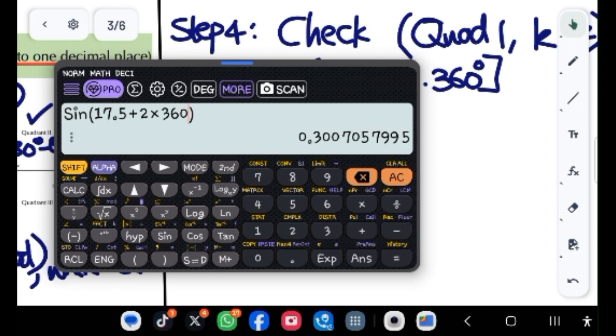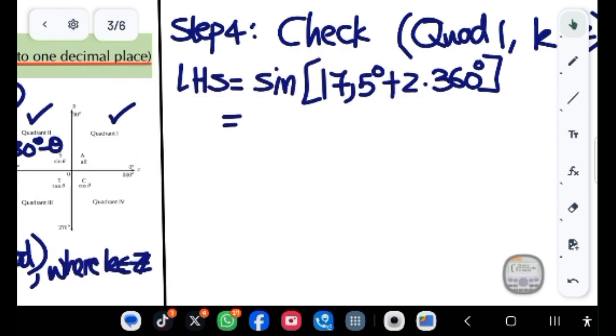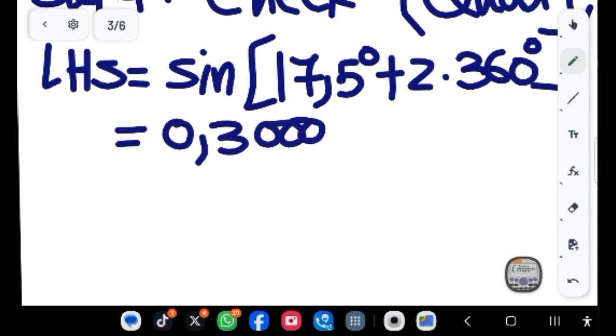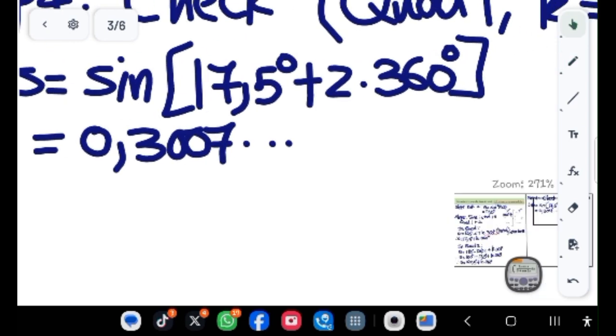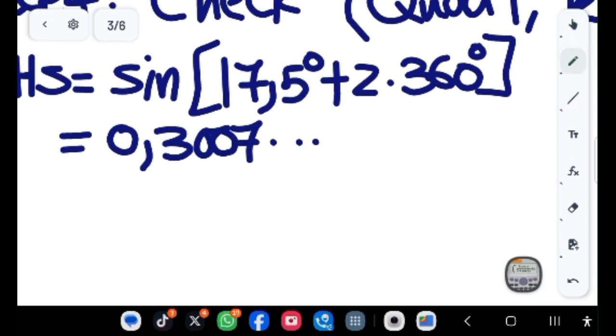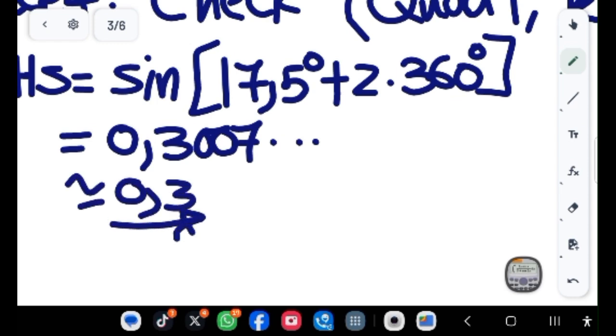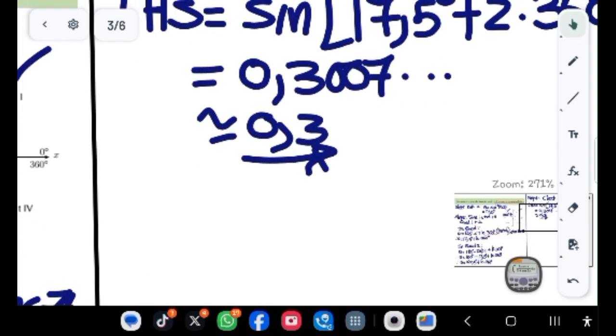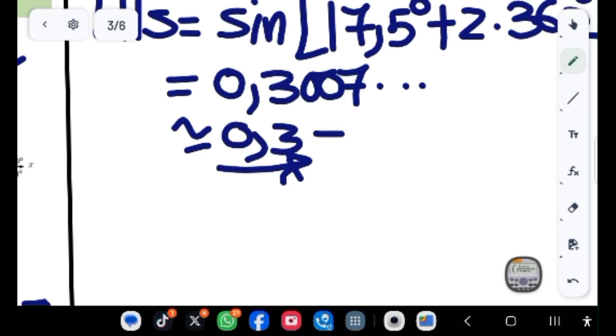And that gives us an answer of 0,3007, and so on, which is approximately 0,3 when we round it off correct to one decimal, which is equal to the right hand side. So this one checks out.